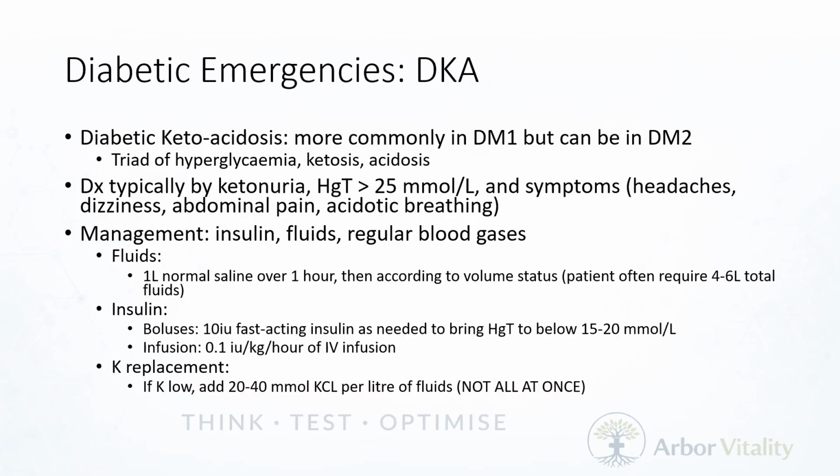Sometimes, typically people with the amount of fluids that they're getting have a low potassium. If potassium is low, you can replace it with 20 to 40 millimoles of potassium chloride per liter of fluid. Not given all at once. Give it slowly over half an hour to an hour, retesting your potassium, making sure you do not give someone an arrhythmia, please.